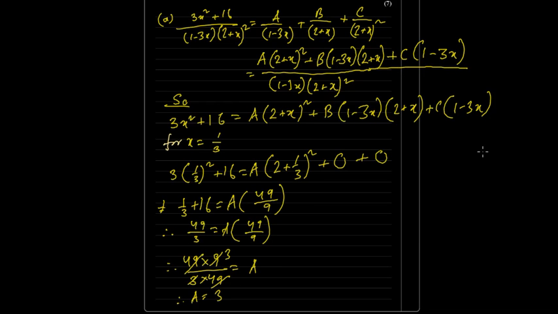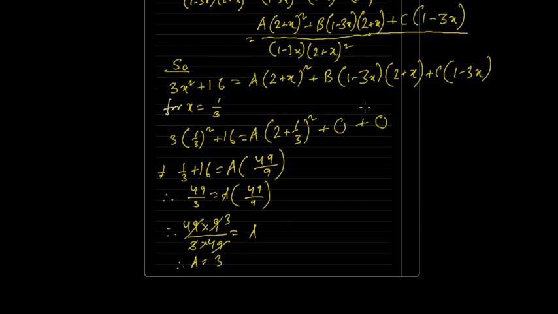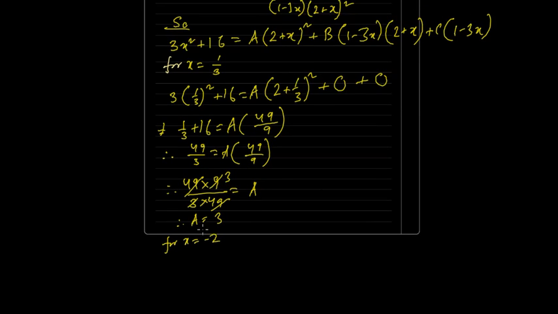Next let's put x equals minus 2. For x equals minus 2, 3 into (minus 2) whole squared plus 16 equals, now this one if you put minus 2, this term becomes 0. This term equals 0 as well because there is also 2 plus x here.